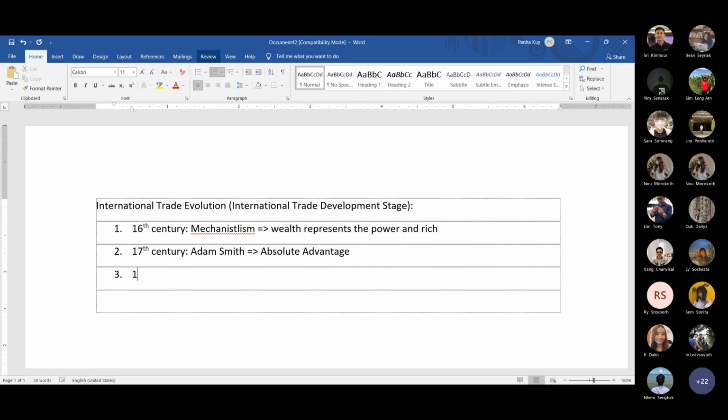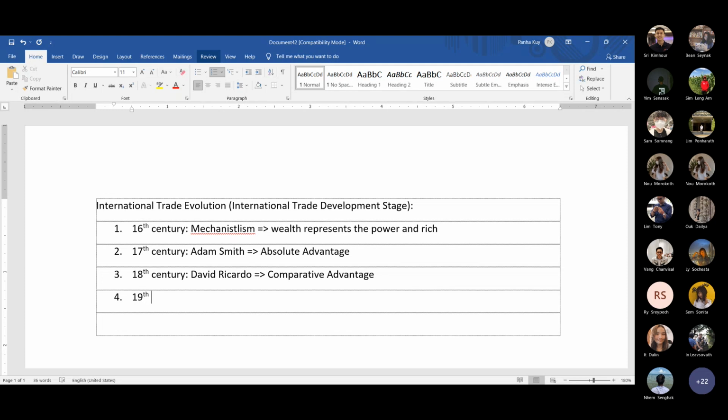And the 18th century, maybe that is from David Ricardo, and that is the comparative advantage. And then it's the 19th century.